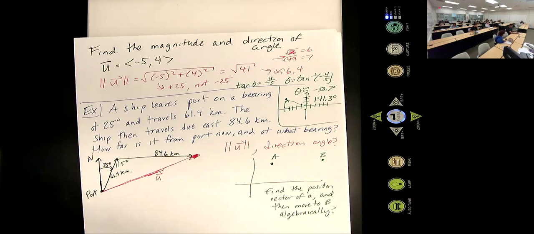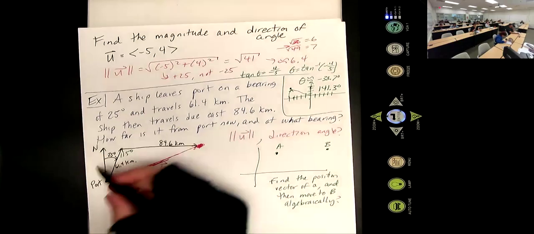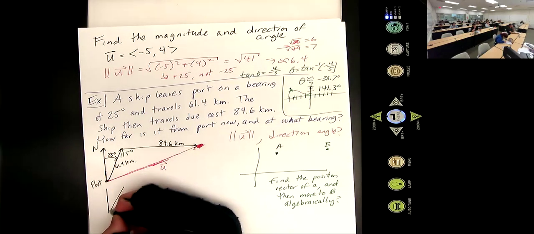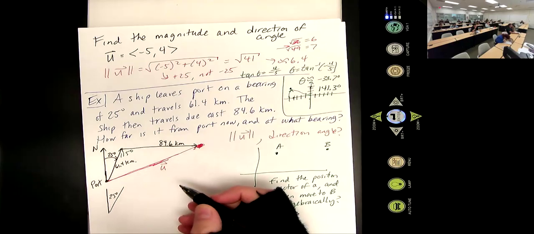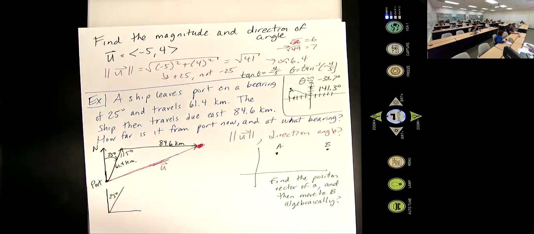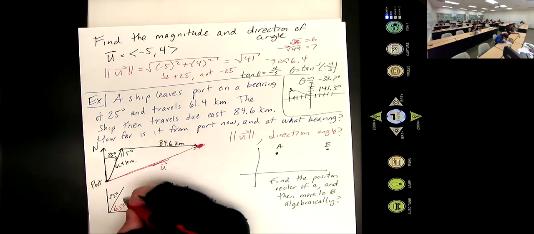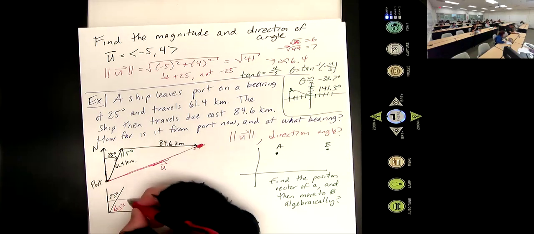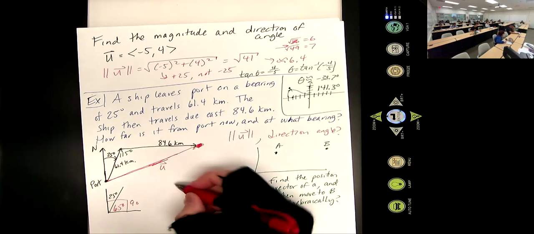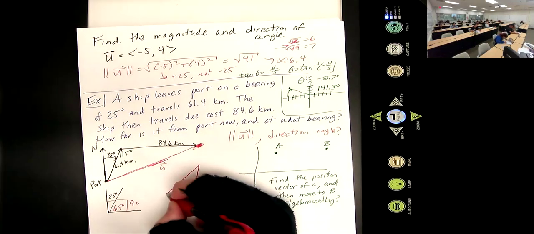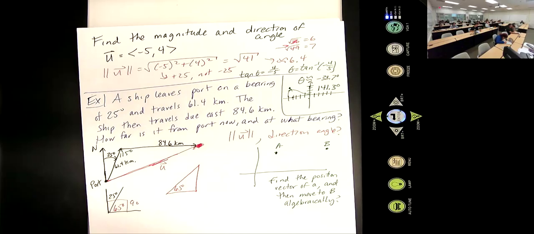Yeah, so we're going to have to work with some sort of triangle. That's 25 degrees. I'm going to say that's 65 degrees, because we know this adds up to 90. And now it lines up a little better.